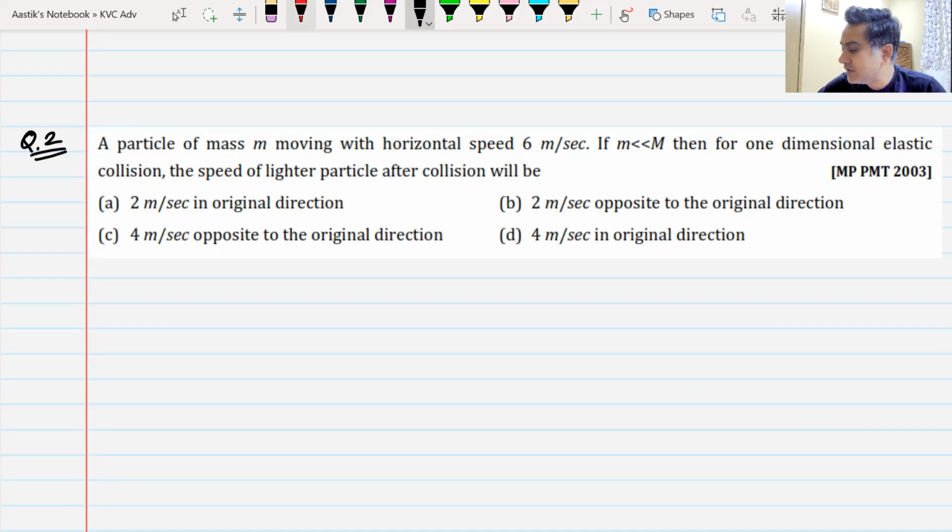The heavier particle is moving with a speed of 4 meters per second. I'll give you 2 minutes to solve this.